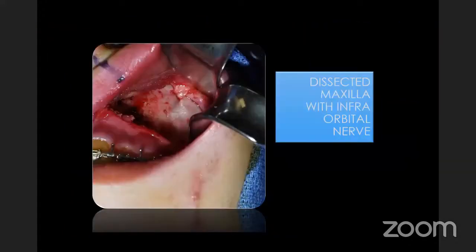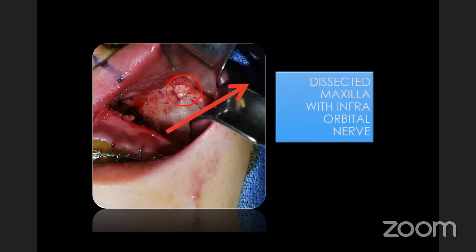You usually see this coming out of the infraorbital foramen, and it's usually about 5 to 8 millimeters under the infraorbital rim. I like to actually expose the nerve so I can see it, and make sure that my periosteal elevation is not going to affect the nerve.